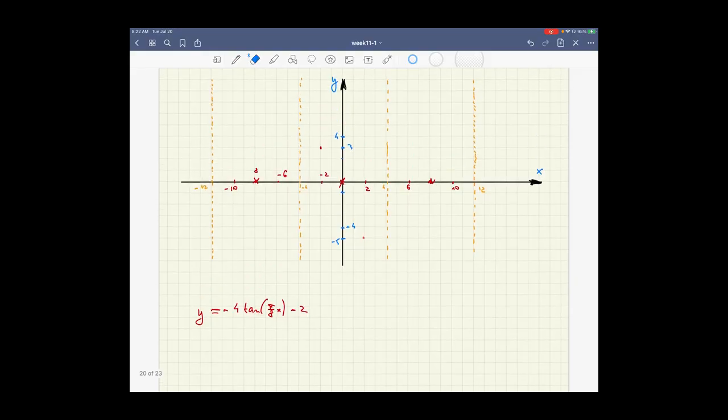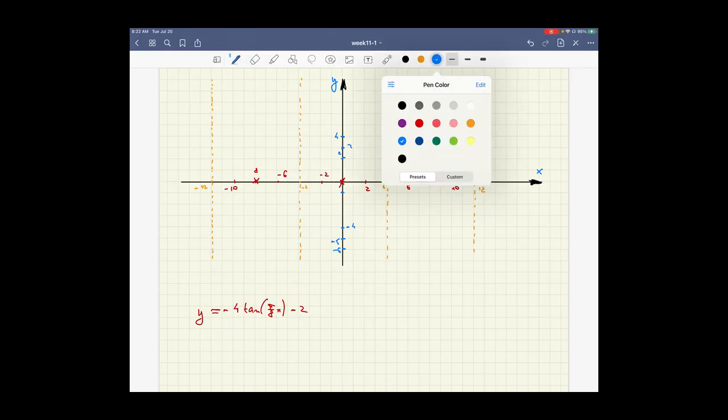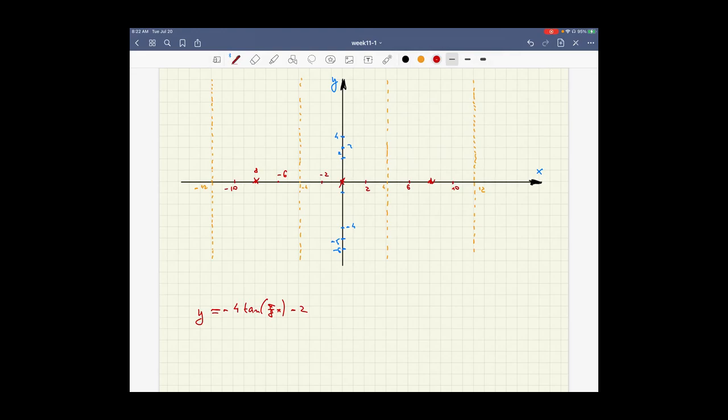So we should be shifting downward by 2 units, not by 1. -6, and this is 2. So points of interest are -2 and 2, 0, -2, and 2, -6.